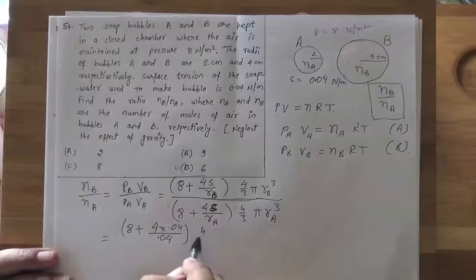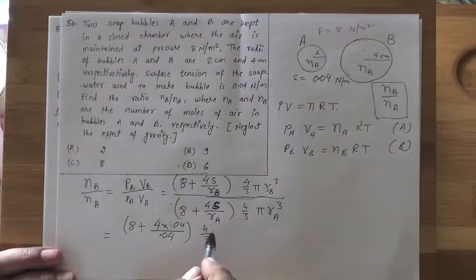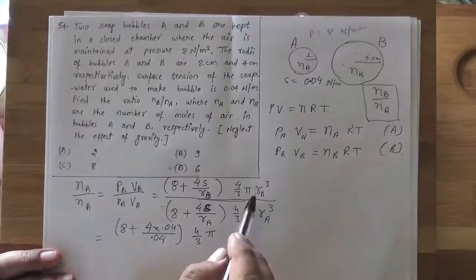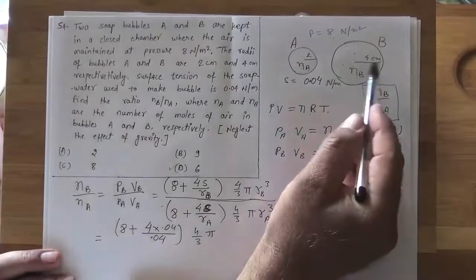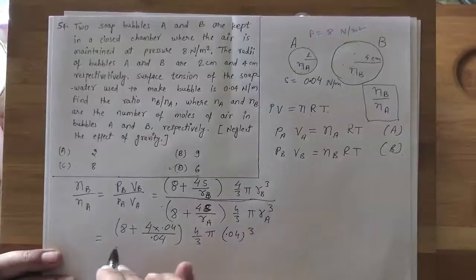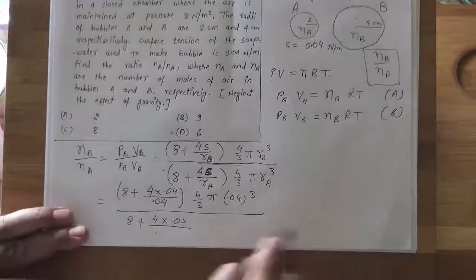Into 4 upon 3 pi. Okay, I will write it this time. Next step I will cancel it out. R_B again 4 centimeter, that is 0.04 cube. Again same way, same S for A. R is 0.02.